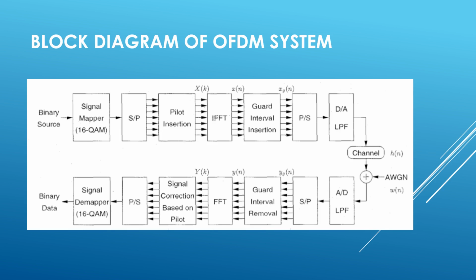The insertion of guard interval helps in eliminating the intersymbol interference and the intercarrier interference during the channel transmission. So this is followed by a parallel to serial conversion, and that is sent to a digital to analog converter and a low pass filter and sent through a channel.